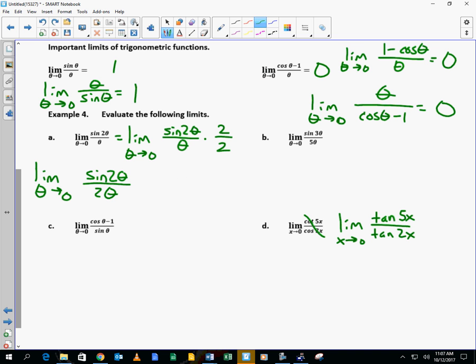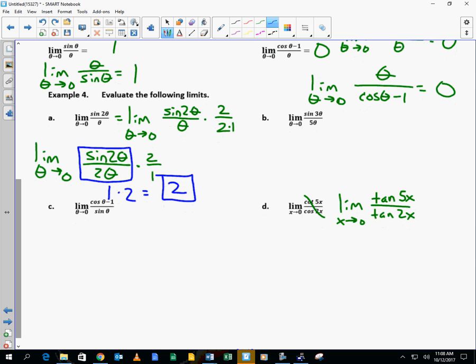I have 2 over... Isn't this just 2 times 1? I just put the 2 over there, just like we did in the examples I showed you earlier. Just brought the 2 over. Do I now have sine of an angle divided by the same angle? What is that? 1 times 2 is 2.